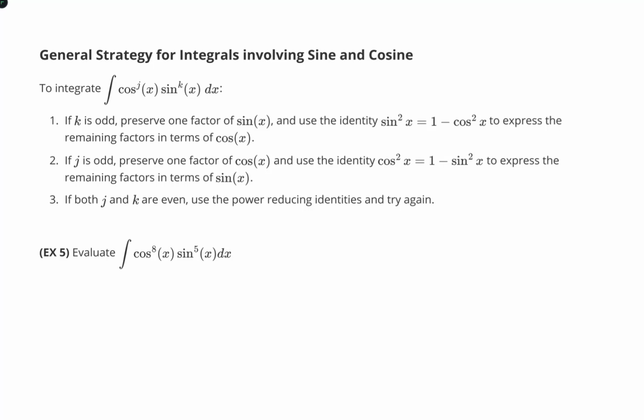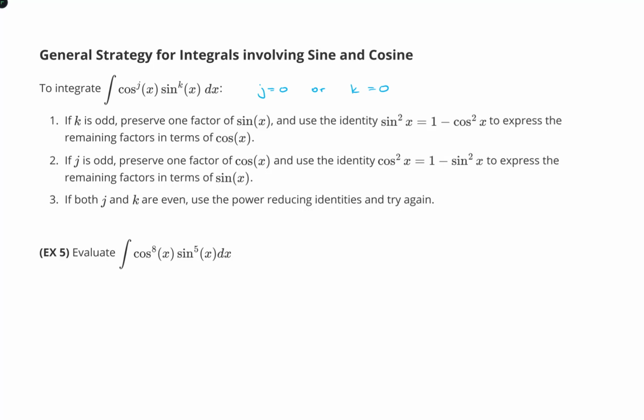Now, the other thing is that it's entirely possible that we have the situation where j equals 0 or k equals 0. Now, you wouldn't want both, because that would effectively just be the integral of 1 dx. But if an exponent is 0, something to the 0th power is just 1. So this doesn't rule out single factors of cosine to some power, or just single factors of sine to some power, as I showed in an example in the previous video.